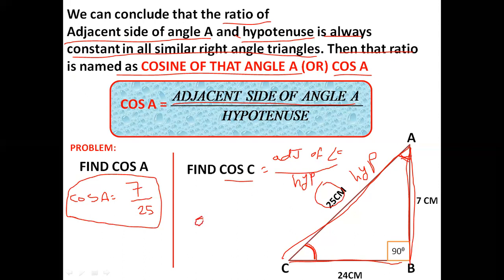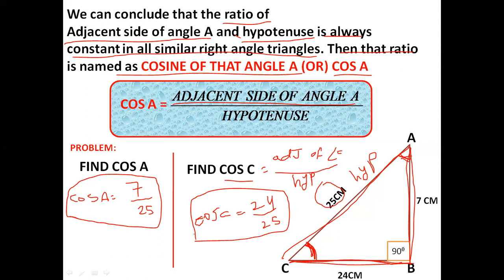So cos C is equal to, what is the adjacent side of angle C? This is C. AB is the opposite side of C. So here CB is the adjacent side of angle C. What is the length of CB? 24. So here you write 24 by the hypotenuse, that is 25. So like this we solve the problem. So cos C is equal to 24 by 25.